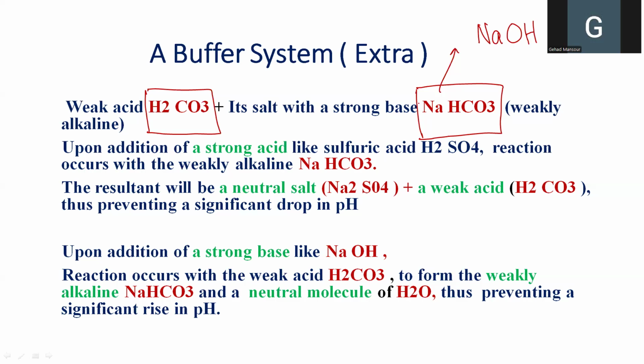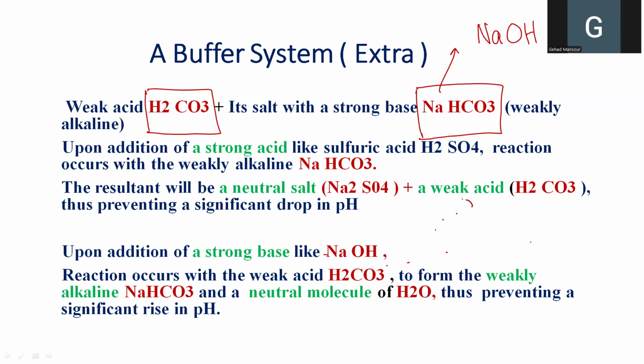Imagine now that we added directly a strong acid to the blood, like sulfuric acid. It's something hypothetical.